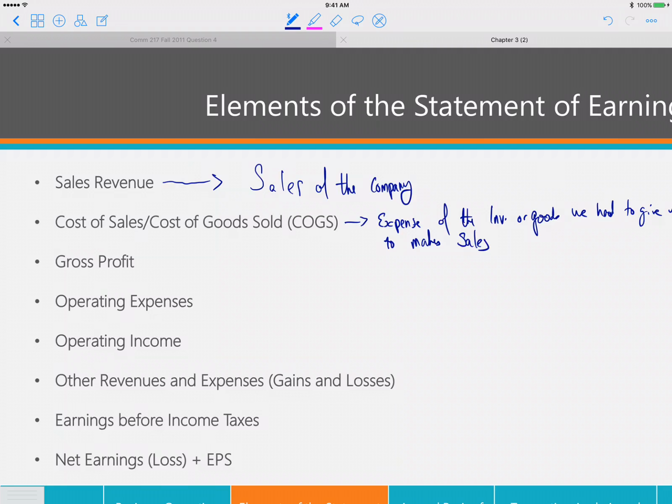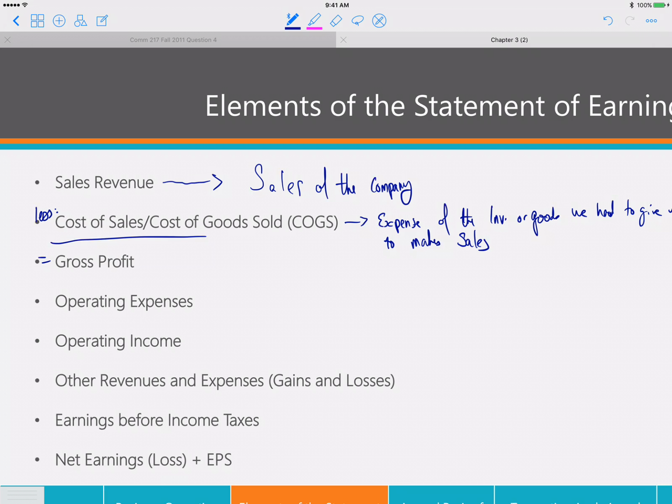If we look at this from the perspective of Java Joe, their sales revenue would include all the sales of coffee, whatever drinks they sell. The cost of goods sold would include everything from the coffee beans to the milk to whatever goes into the actual product, the goods that were sold. It doesn't include other costs like labor right away. So the sales revenue less the cost of goods sold equals the gross profit.